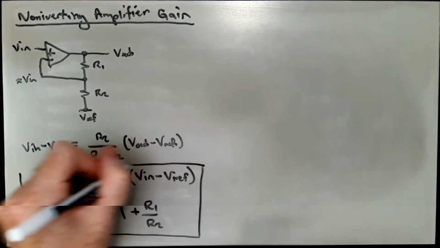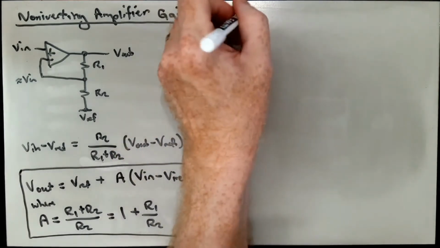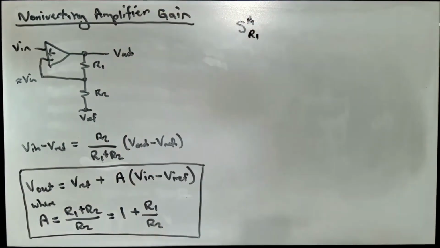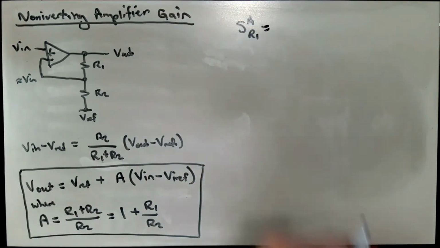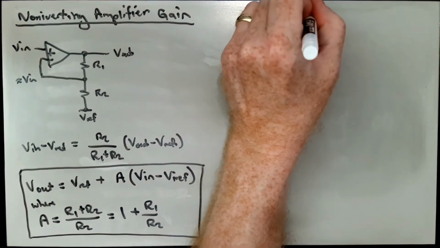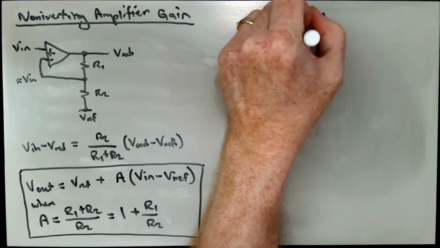Okay, that's how the non-inverting amplifier worked. And we're interested in knowing what is the sensitivity of the gain A to R1 and to R2. Well, the sensitivity of A to R1 is going to be R1 times d log A dR1.